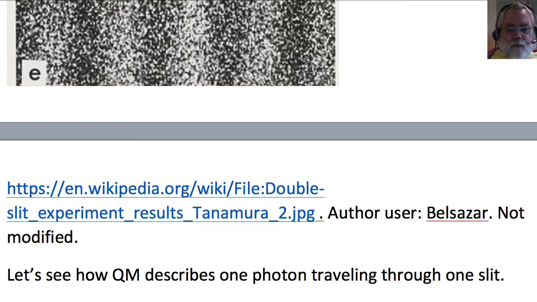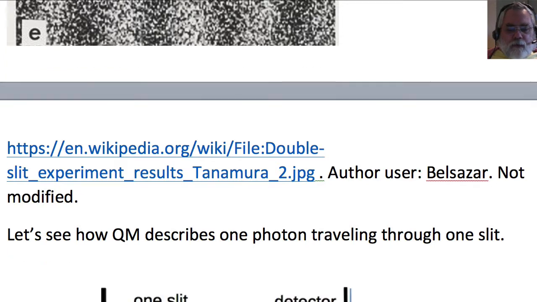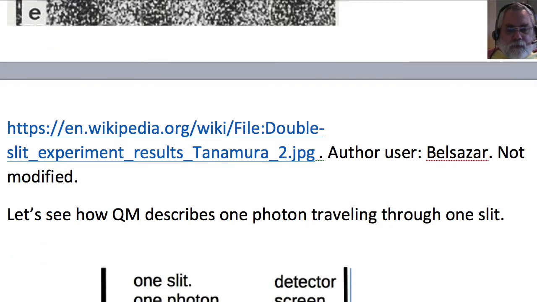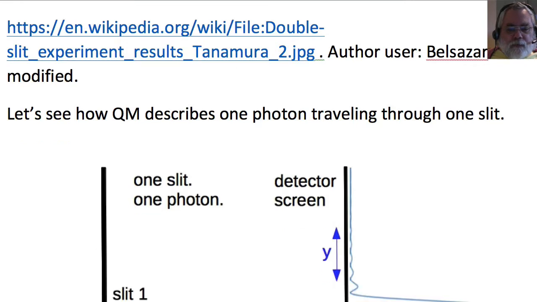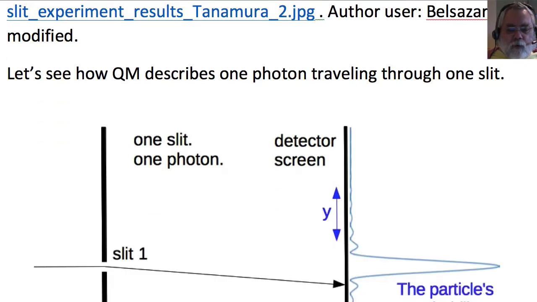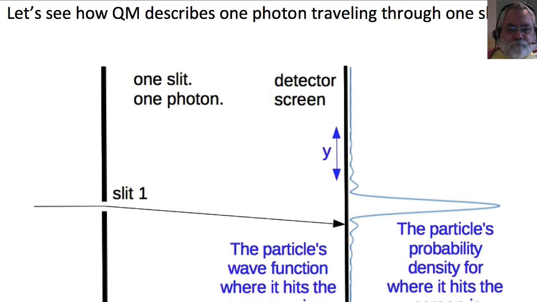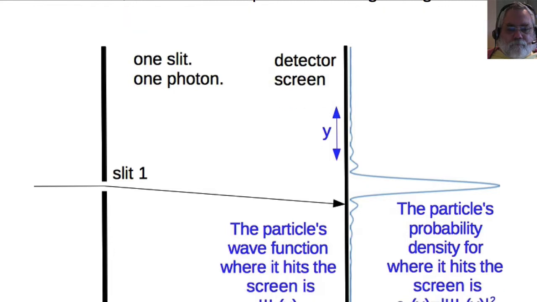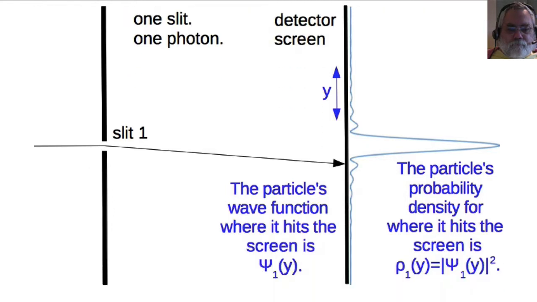Let's see how quantum mechanics describes one photon traveling through one slit. So we're back to one slit now. Photons and one slit. One slit, one photon going through it. The photon does go through it. The photon does hit the screen. It hits the screen somewhere.